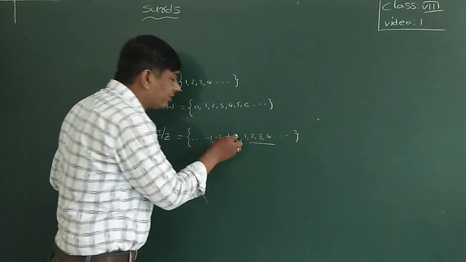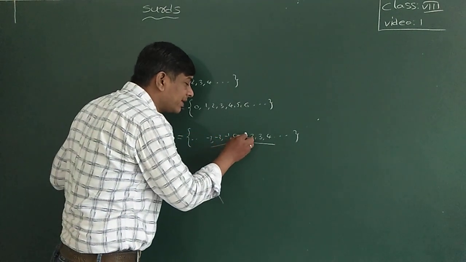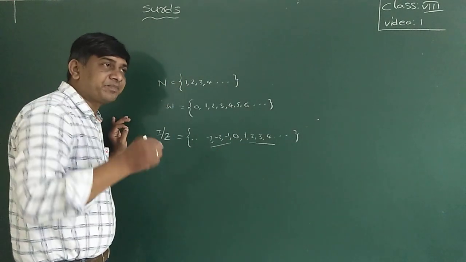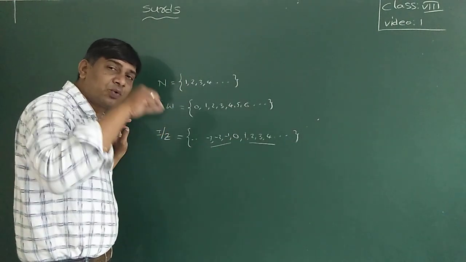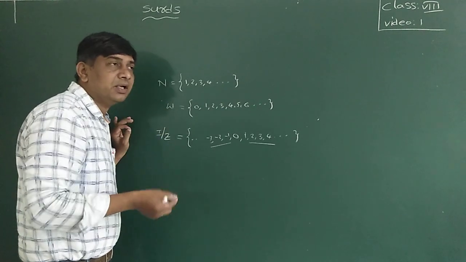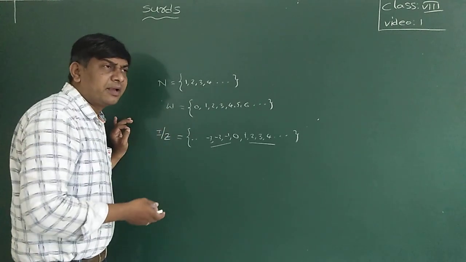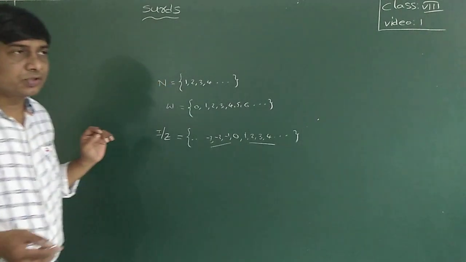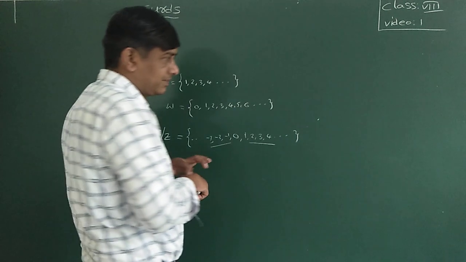After 0, is the immediate number 1? No, because after 0 there are 0.1, 0.01, 0.001, 0.0001, 0.2, 0.3, many numbers exist. Those are decimal numbers.